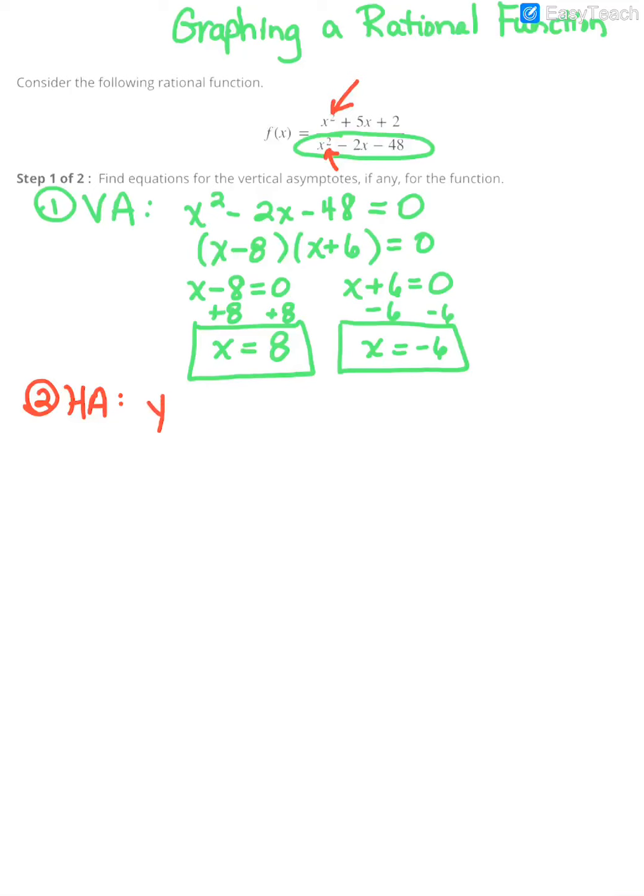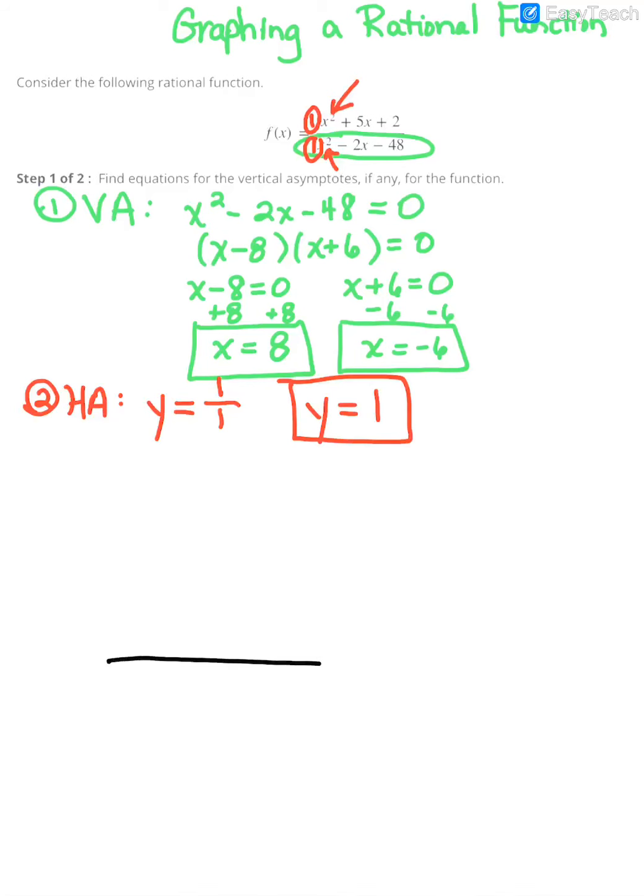And when we have equal powers, we're going to look at the coefficients in front of those x's. So we have what's understood to be a 1 on top in front of your x squared term, and we also have what's understood to be a 1 on bottom. So 1 divided by 1 would give me a horizontal asymptote of simply y equals 1.